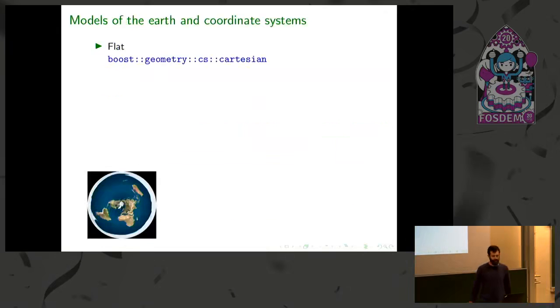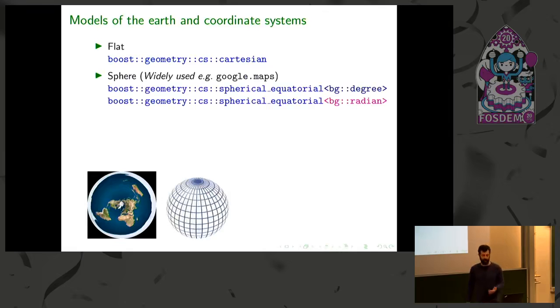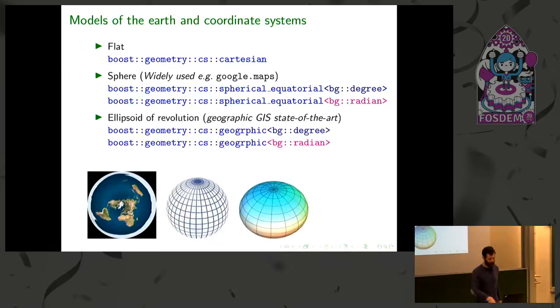Again, let me briefly say that there are 3 coordinate systems that we support. We have the Cartesian one, and then there is the spherical equatorial. This is the one that Google Maps is using. You can parameterize it either by degrees or radians. And then we have the geographic one, which is more precise, but also slower to do computations. In the whole talk, I'm using the last one, the geographic one, with all the defaults, just to have simpler code examples.